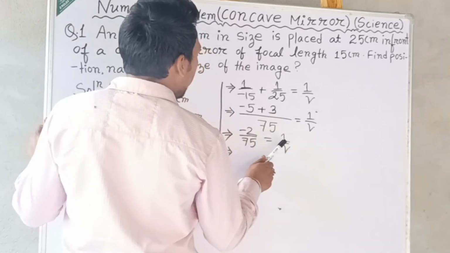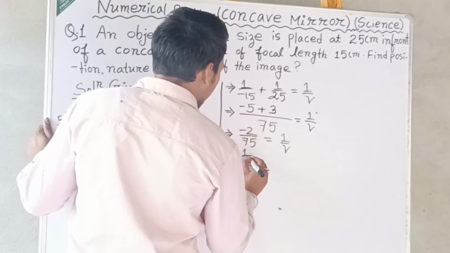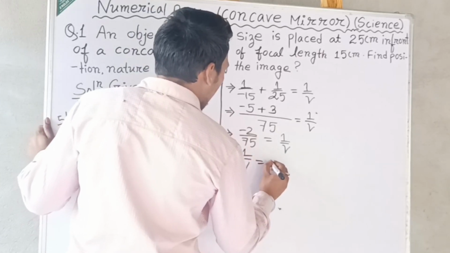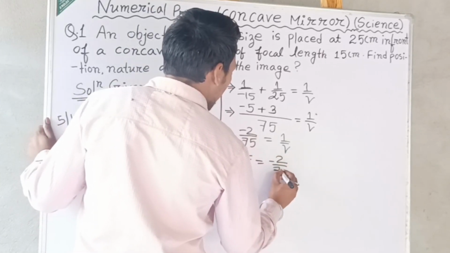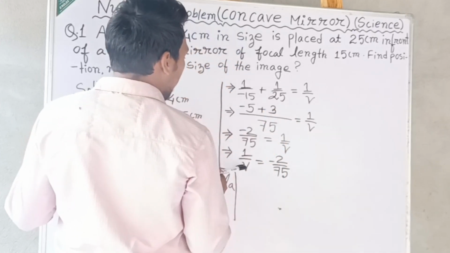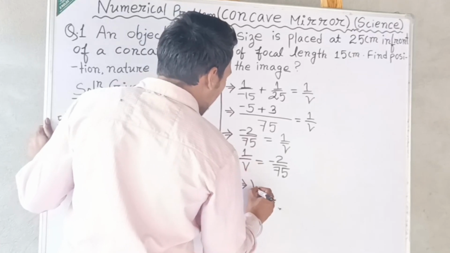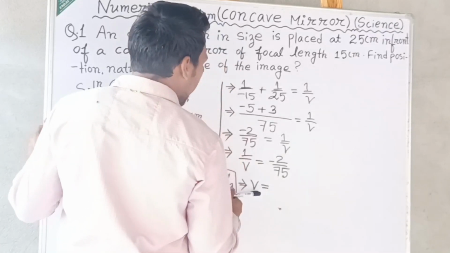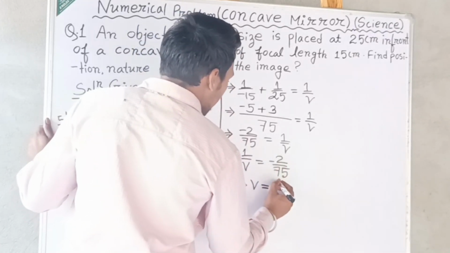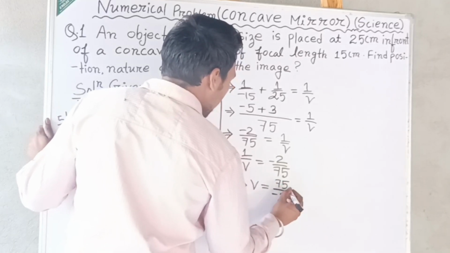Now in the next step, I'll interchange this value, means 1 by v I'll bring to the left hand side and minus 2 by 75 I'll write on the right hand side. So I need the v value, so do the reciprocal now. If I do the reciprocal, then v by 1. So no need to write 1 in the denominator. And if I do this reciprocal, then 75 by minus 2.